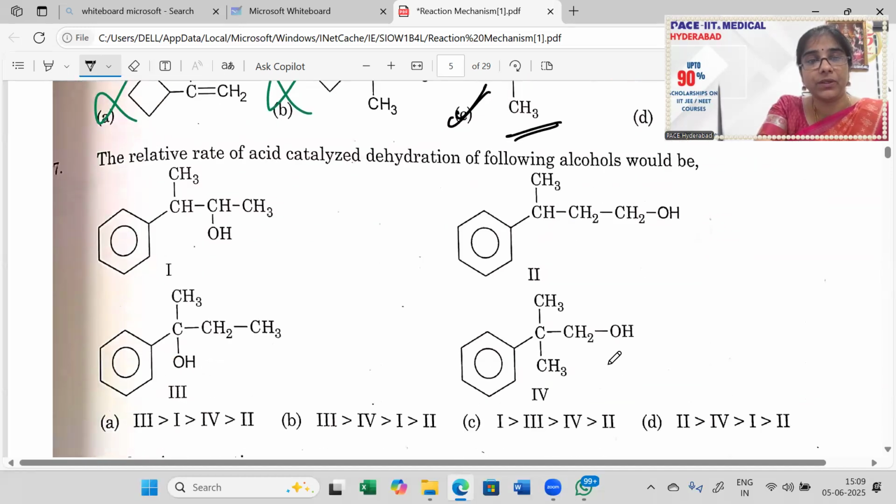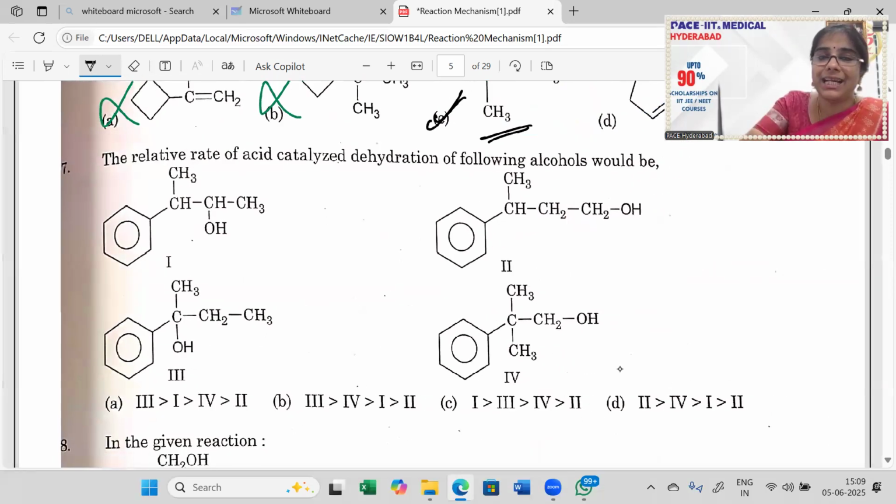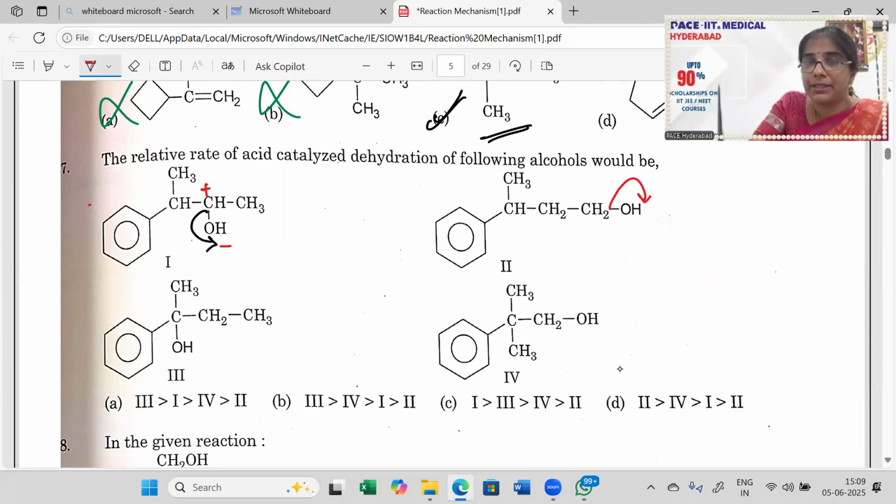Then moving on: the relative rate of acid catalyzed dehydration of the following alcohols. Dehydration means you need to remove the OH, and then there will be a positive charge on each of these carbons. Now, as you can see here, this is a 2 degree carbon, but it will show a hydride shift.